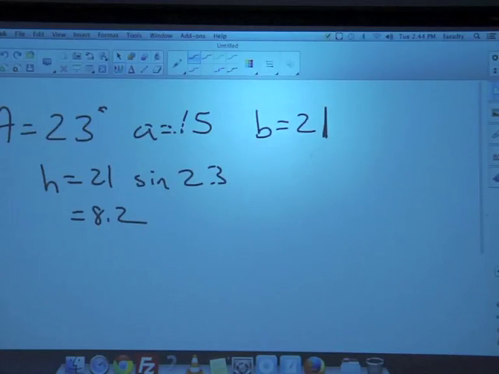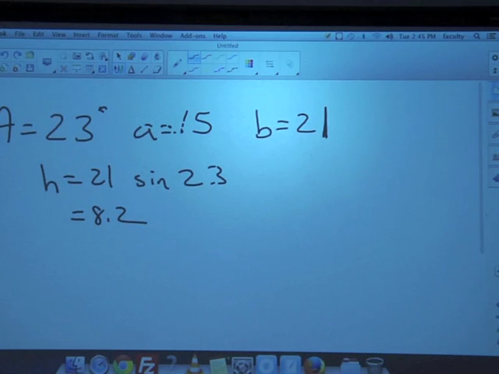So my opposite side is greater than the height, or my height is less than the opposite side, whichever way you want to look at it. And so therefore, given those three pieces of information, you could actually build two triangles.